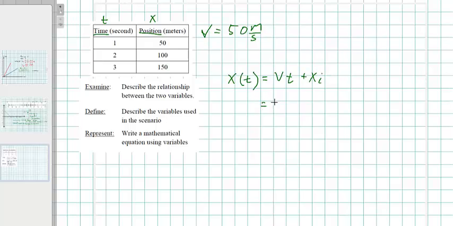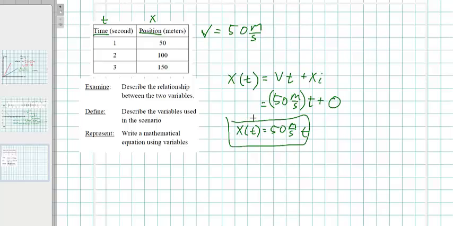Well, our velocity we know is 50 meters per second times t. We don't have to fill in t because that's our independent variable. And our x initial, if you work this backward at time 0, we should get 0 meters. So all we end up with is the equation equals 50 meters per second t.